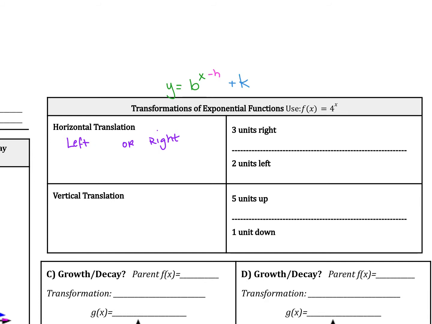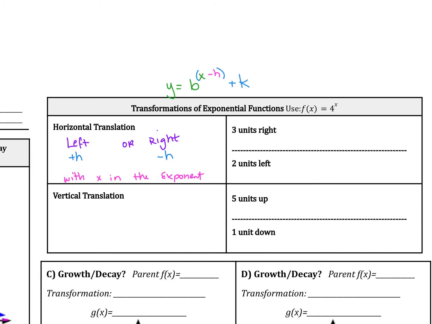With the horizontal translation, it's going to be with x in the exponent. See it here, we have x minus h. That's how you know it's going to be a horizontal translation. Now remember, for the left, you'll actually see a positive number, and for the right, you're going to see a negative number.